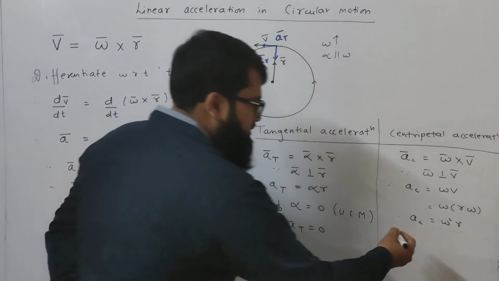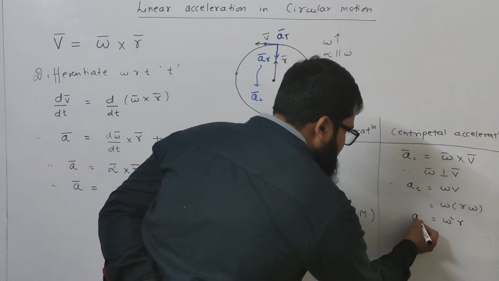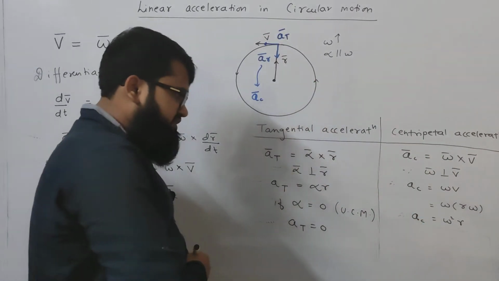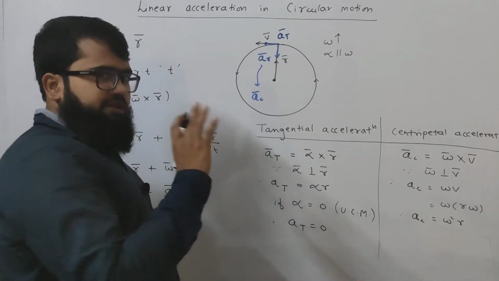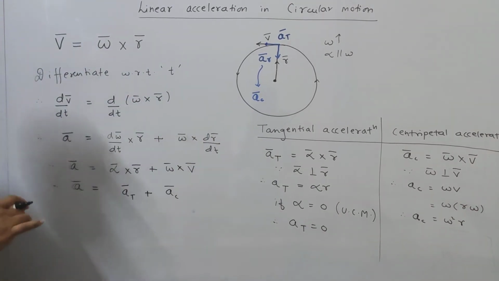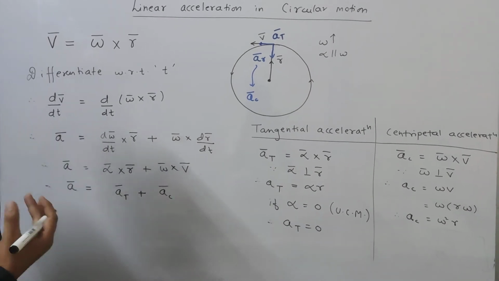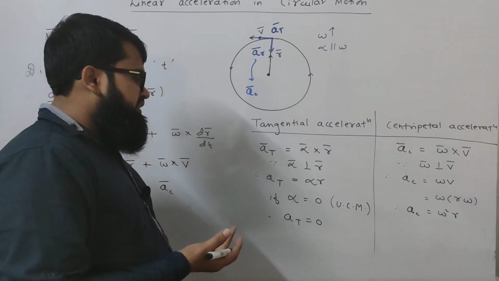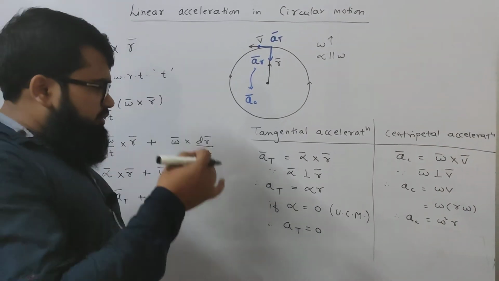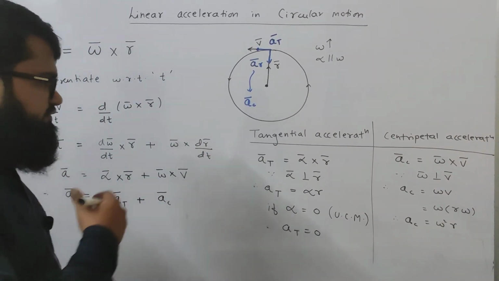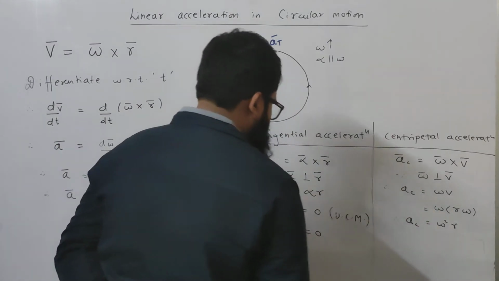And this type of linear acceleration is present even if the object is in UCM. It means that if the object is moving with constant angular speed, centripetal acceleration will always be present. It would be constant in that case, because if omega is constant, AC will be constant.